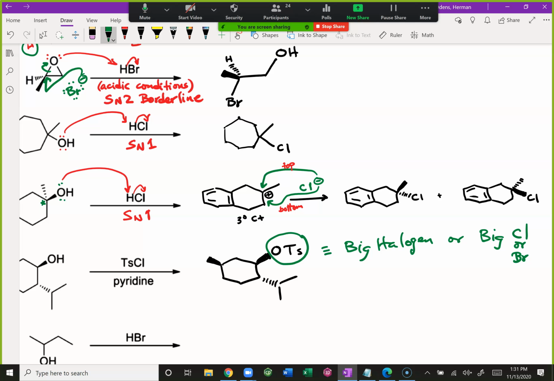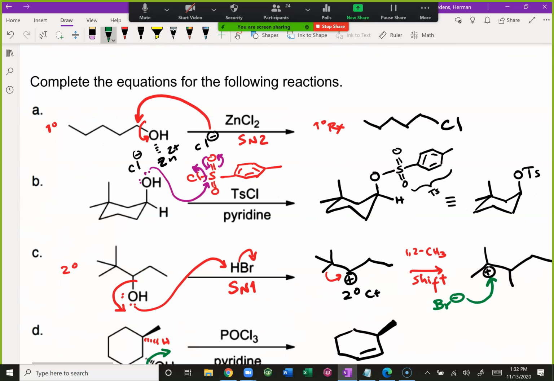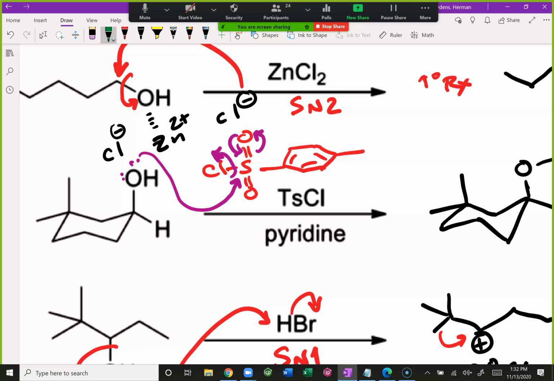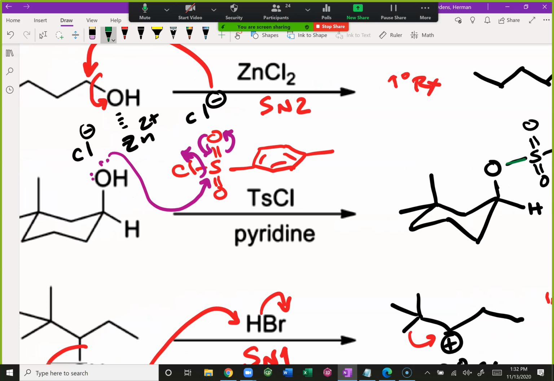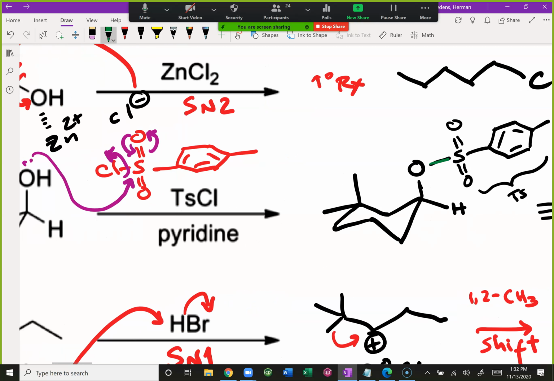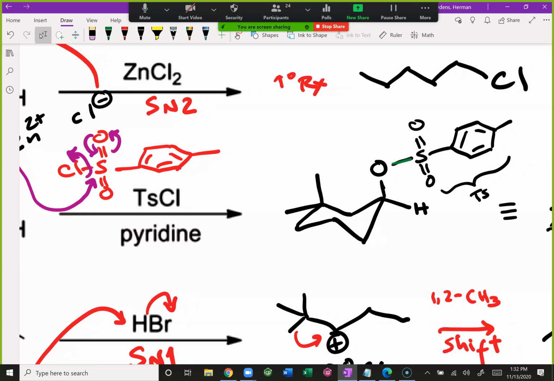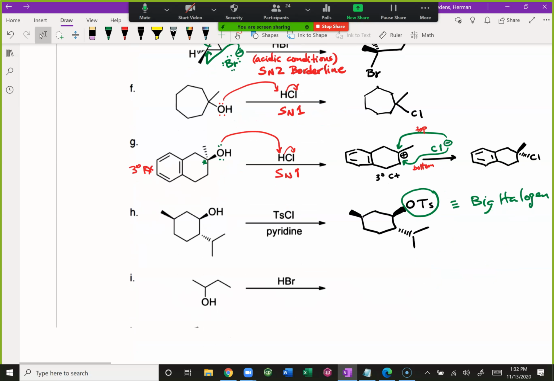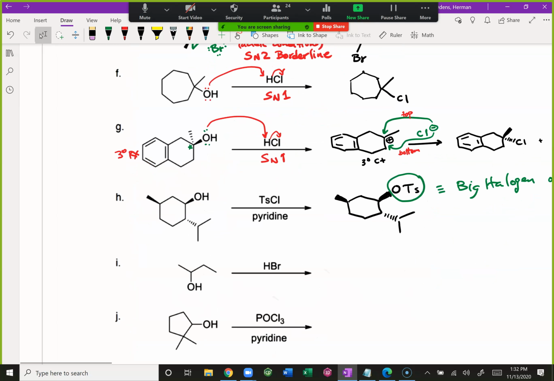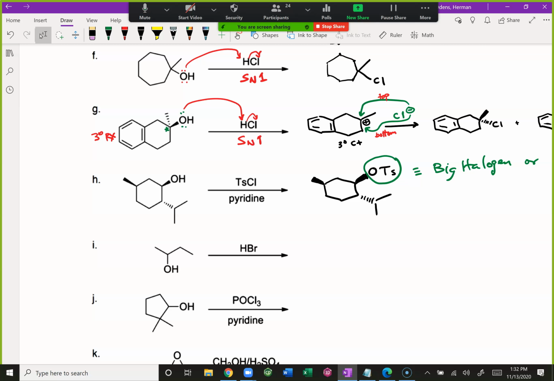Notice that we added to the sulfur, right here, this bond, but then we eliminated the chlorine. So it's like an addition, elimination kind of deal. It doesn't have a name for it. All right, how about the next example? Oh, yeah, so it's not SN2.